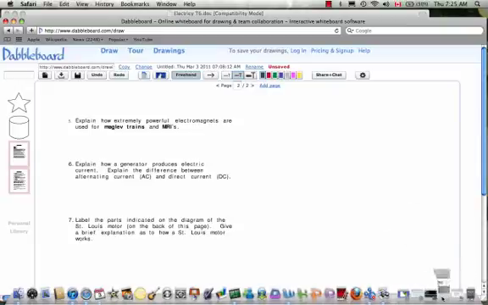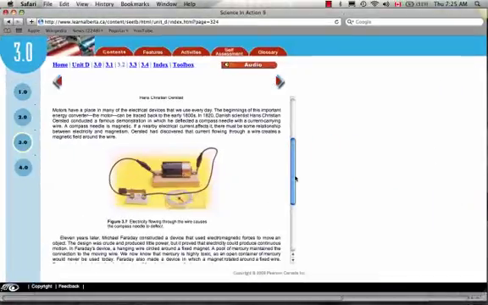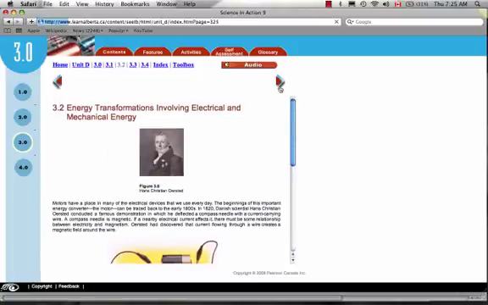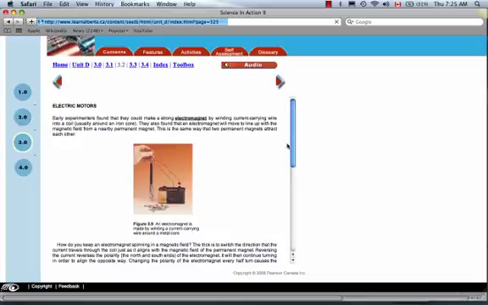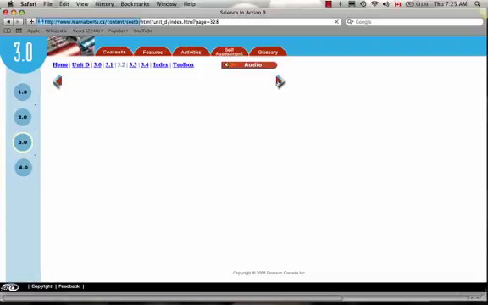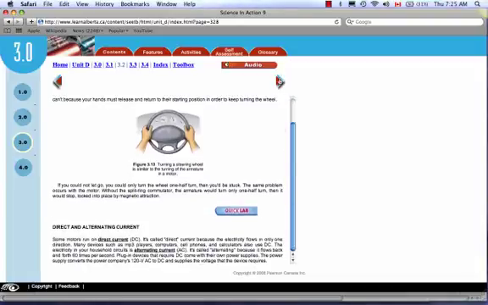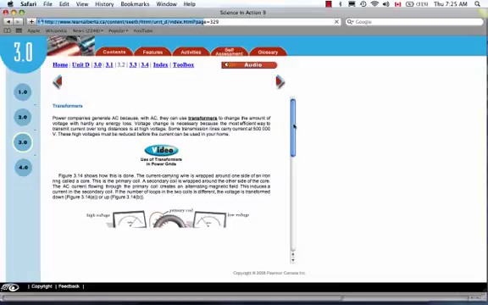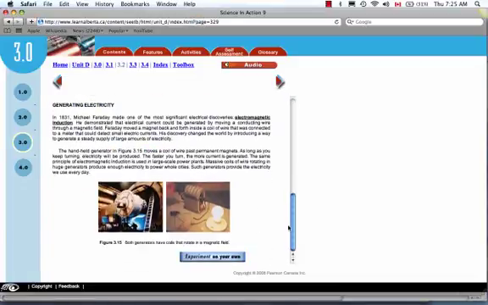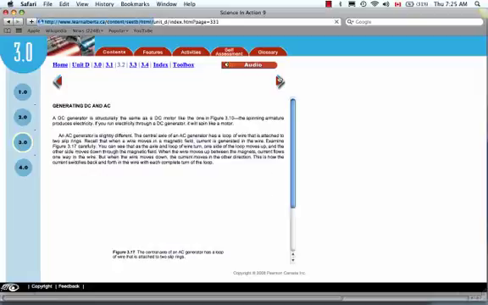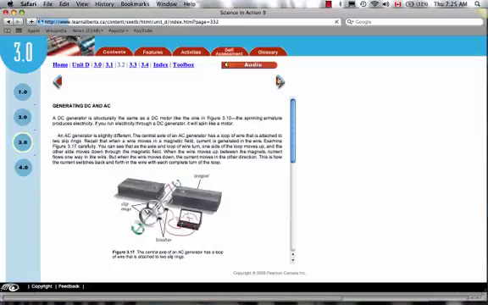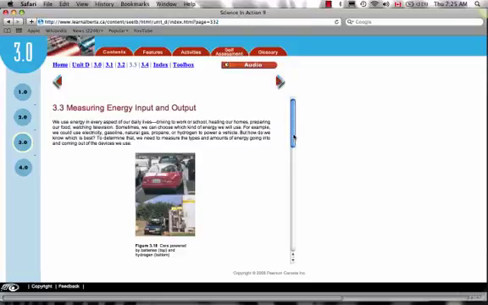I think there's a diagram here. Maybe not.